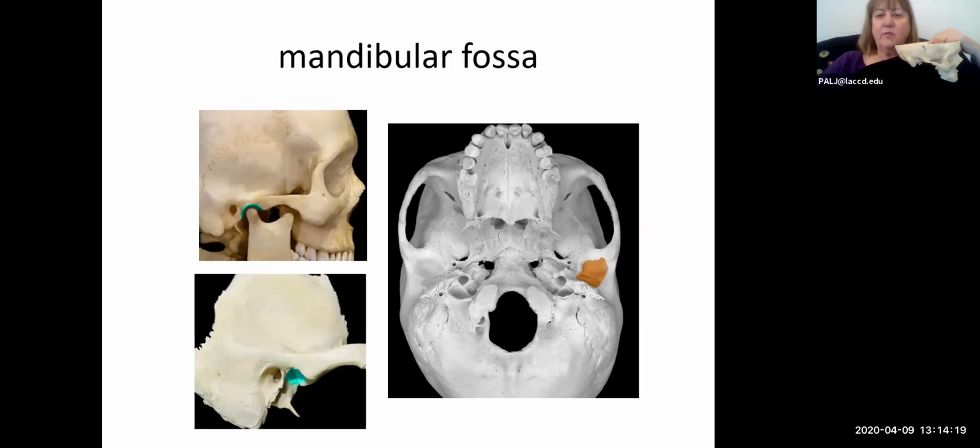From the side, it's very easy to see. That's where the mandible is going to articulate to form your temporomandibular joint. The mandibular fossa of the temporal bone articulates with a structure in the mandible that we will learn shortly. From the undersurface of the skull, you can see that it's going to be here and here on the other side where it is not highlighted.